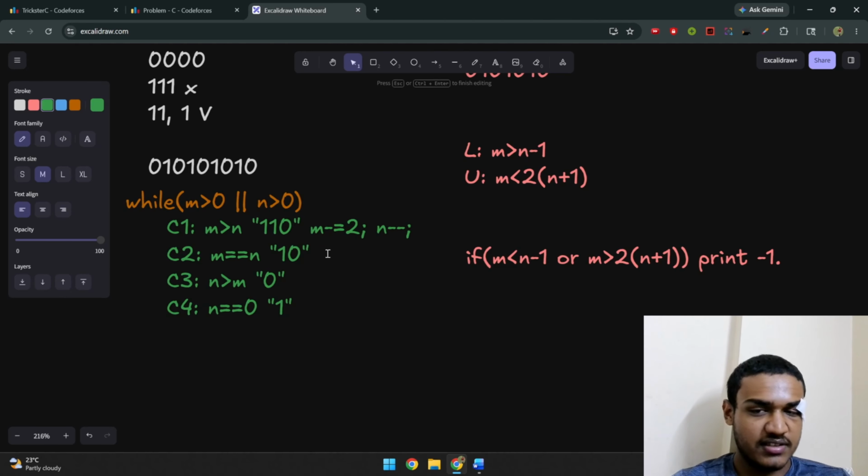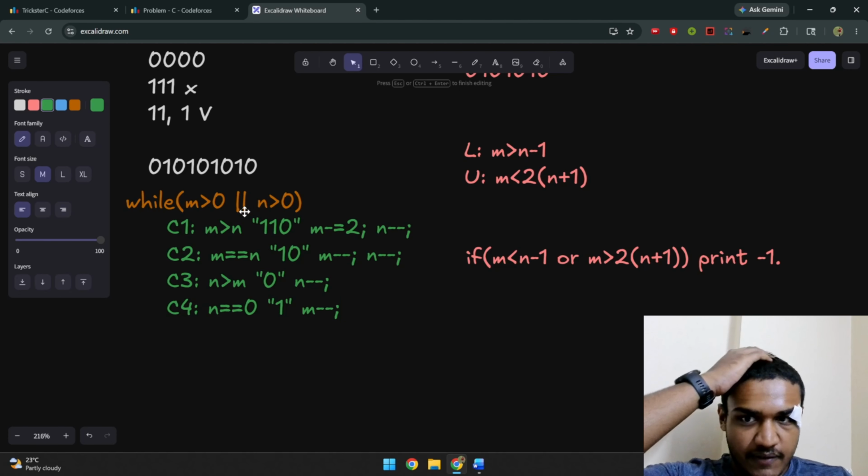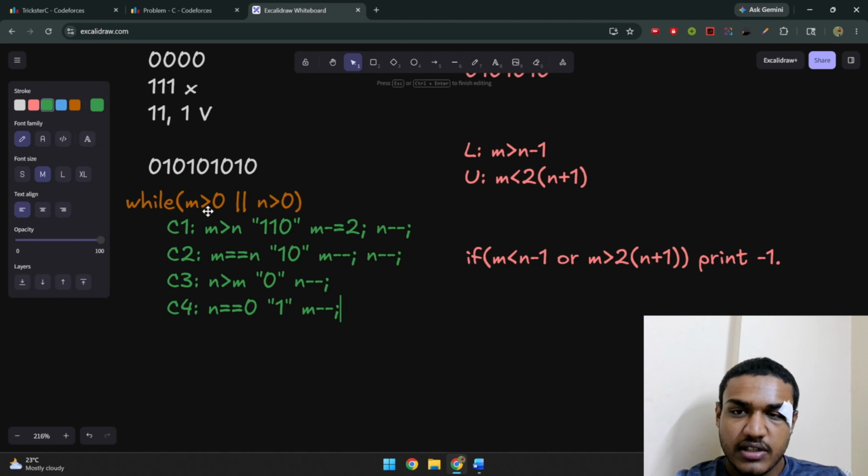Here, since it's one n and one m, I'll say m minus minus and n minus minus. Since we're removing one 0 here, I'll just say n minus minus, and for here, I'll just say m minus minus. So while this loop is going on, we have the condition, we have the update, we have the loop. We'll essentially be doing this until both m and n are 0. Then we'll stop the pattern.